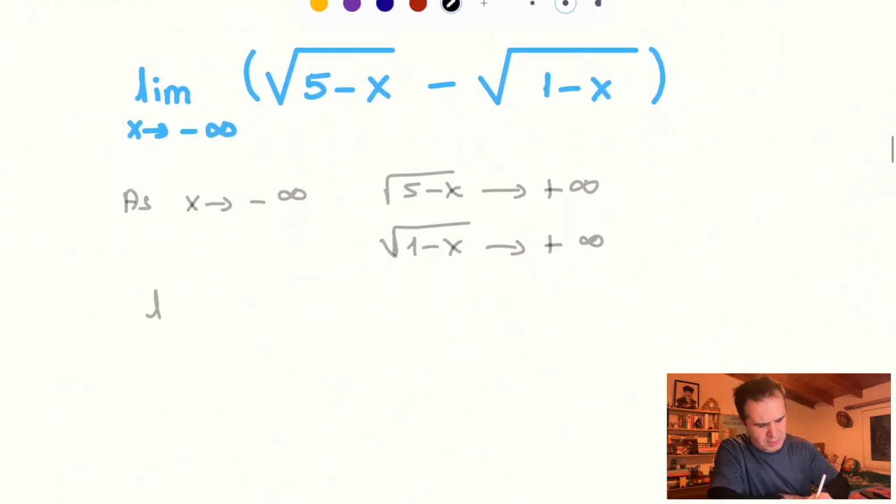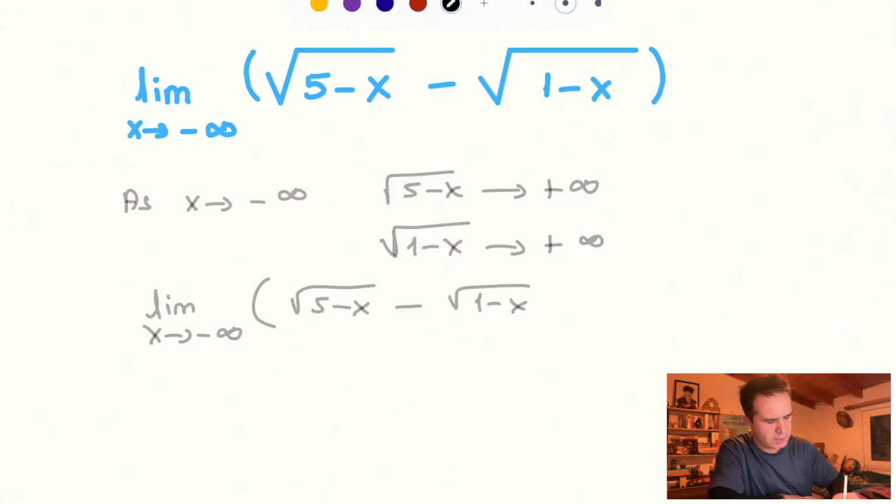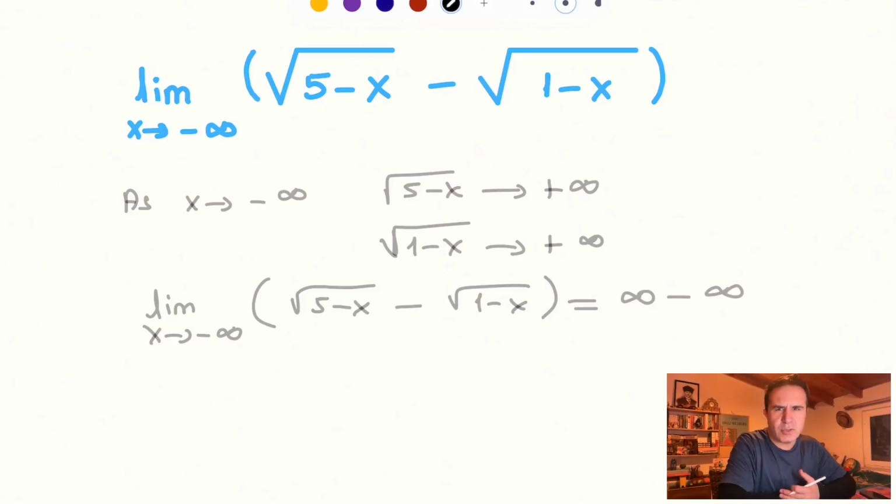Then this means that the limit as x approaches minus infinity of square root of 5 minus x minus square root of 1 minus x equals infinity minus infinity. And so infinity minus infinity is an indeterminate form. So direct substitution here gives us an indeterminate form.